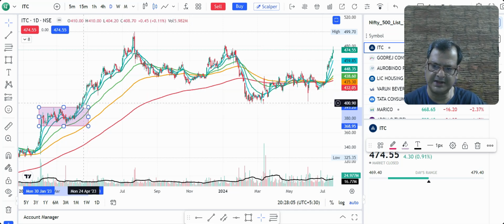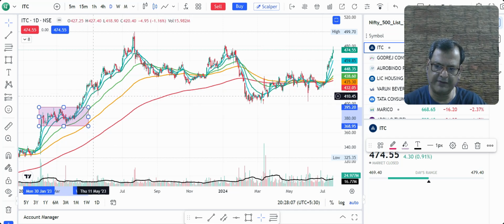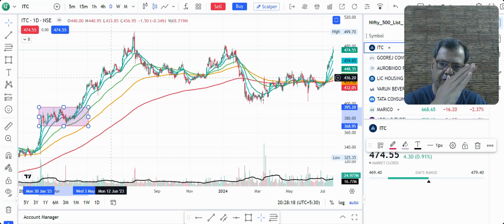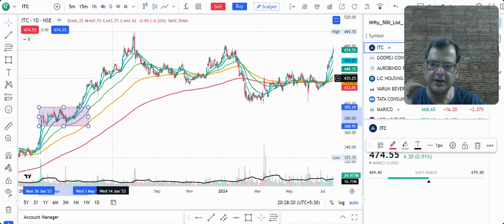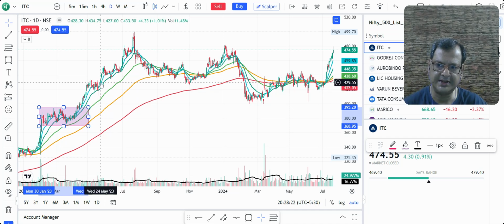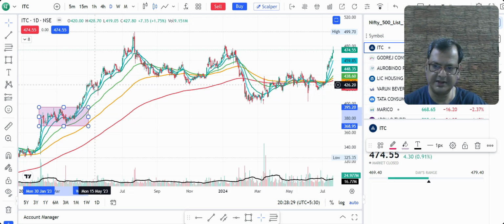So when the price is above all these moving averages, and the moving averages are moving upwards, meaning they are just taking off, like a plane takes off a runway, we can say that this instrument ITC is right now in a bull phase.